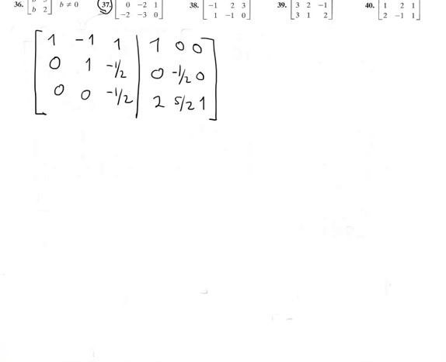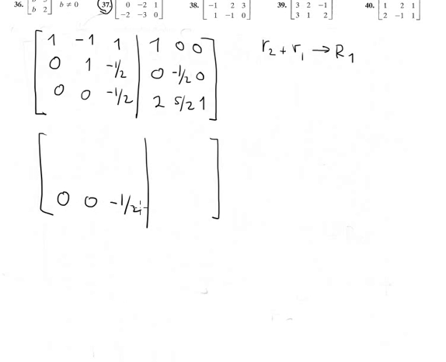Okay, let's continue. Now I propose R2 plus R1 store on R1 because I want 0 here to complete the second column. So the transformation is, okay, row 3 and 2 stay the same.